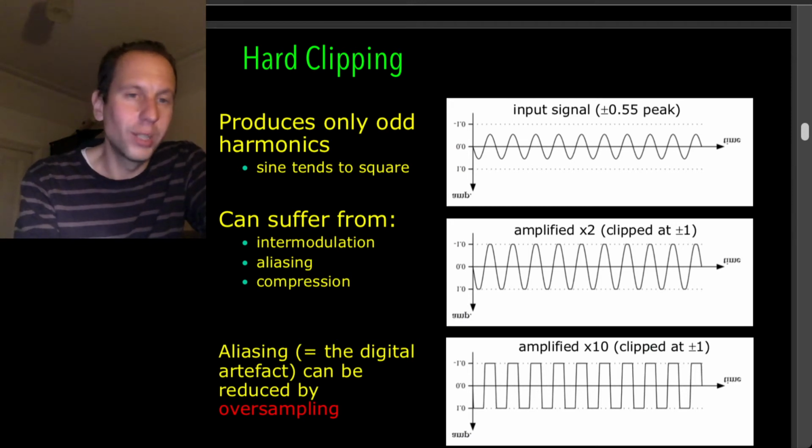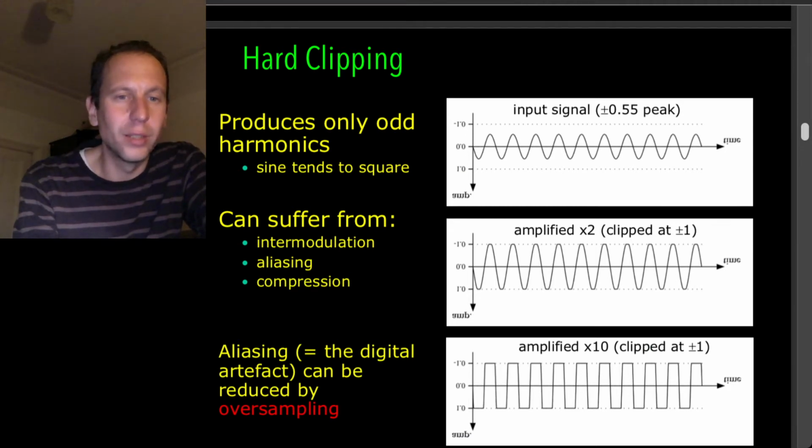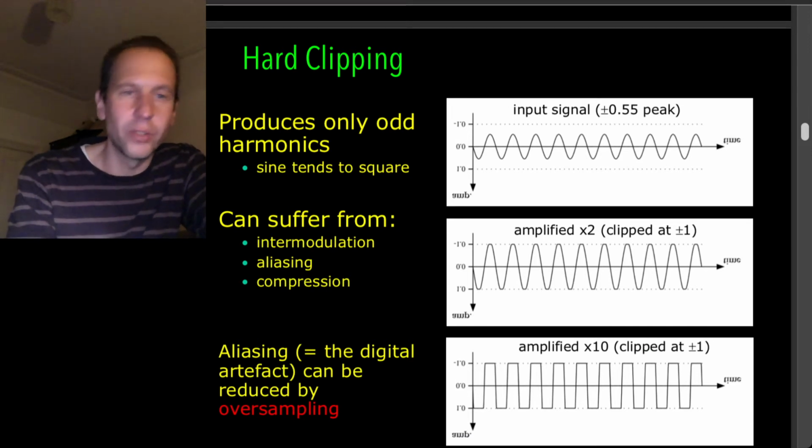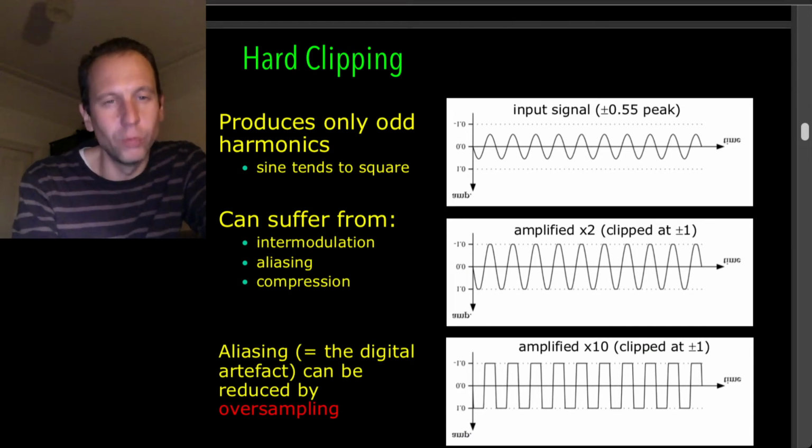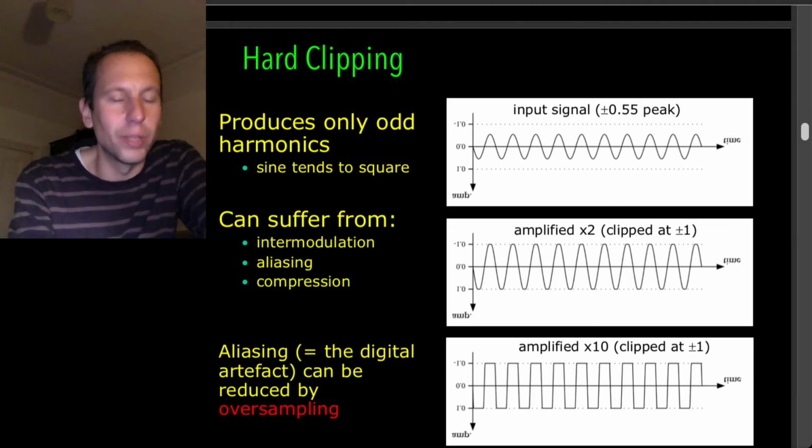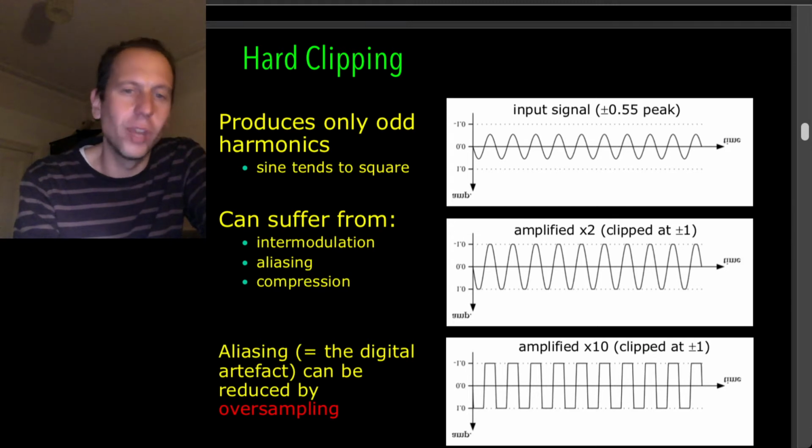Now, through hard clipping, it is not just the odd harmonics. You may get intermodulation components, which you will observe easily if you have two sine waves coming through. You might get some aliasing if the hard clipping is really harsh and the incoming frequency is really high.